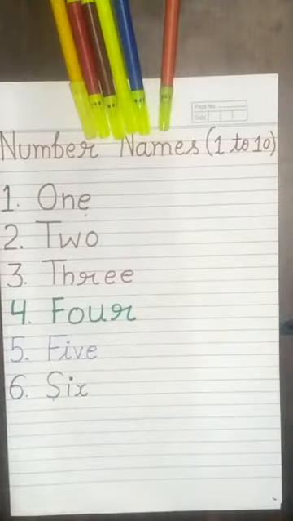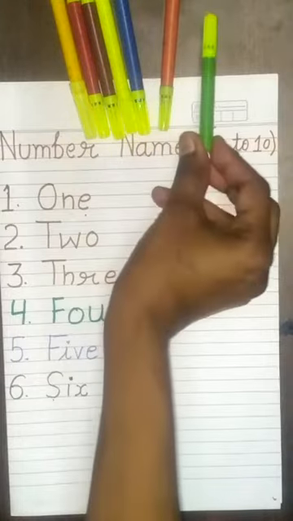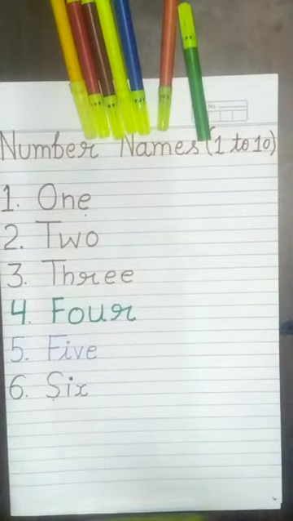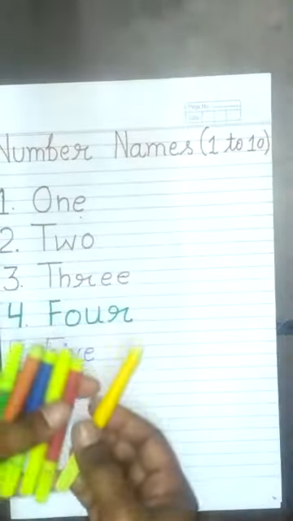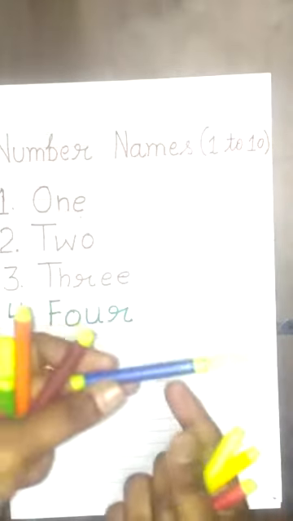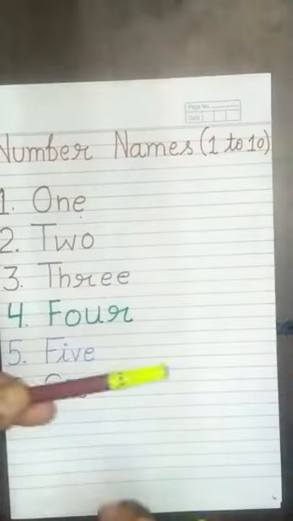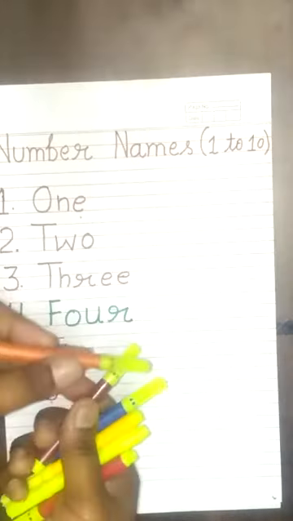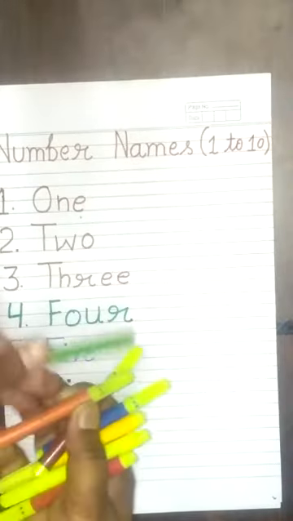Okay, I already have 6 pens. Now keep one extra pen over there. I have kept one pen. So let's get started to count. 1, 2, 3, 4, 5, 6, 7.